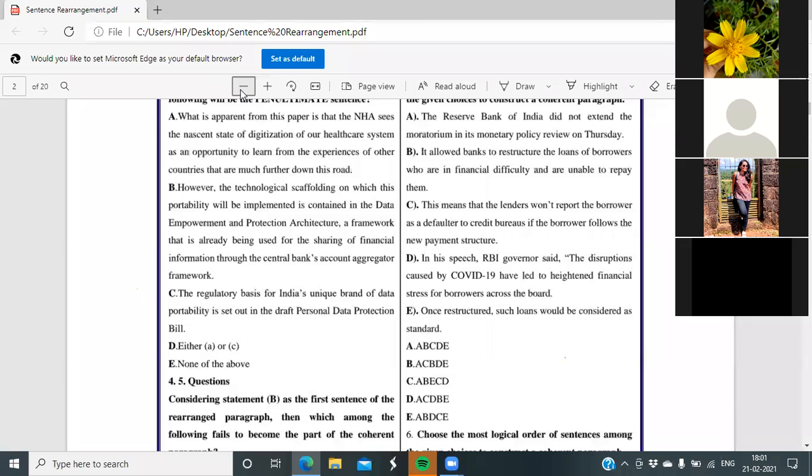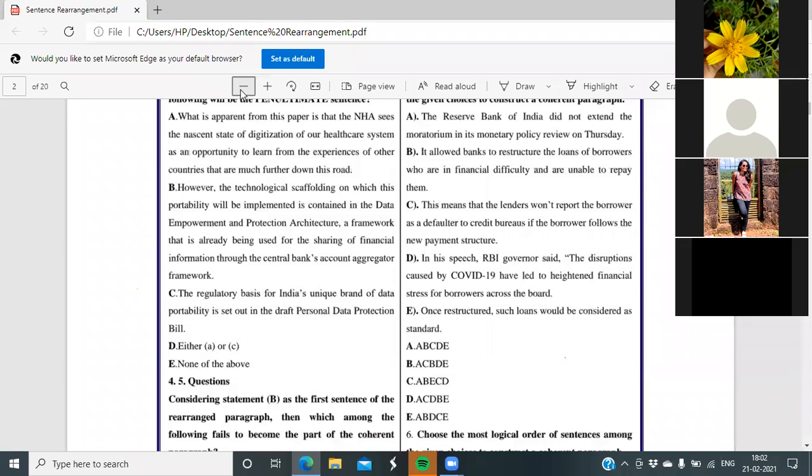Why? Let's read it. A, B, E, C, D. So the Reserve Bank of India did not extend the moratorium in its monetary policy review on Thursday. Clear. It allowed banks to restructure the loans of the borrowers who are in financial difficulty and are unable to repay them.